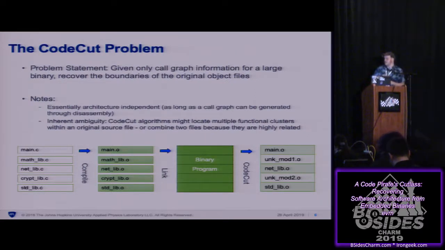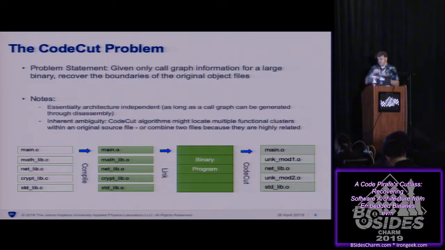So the idea of the CodeCut problem is we want to recover those original object files in the binary program. What the linker does is take those object files more or less and squish them one after the other.